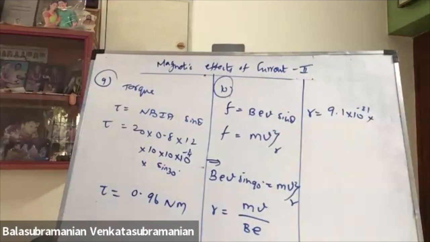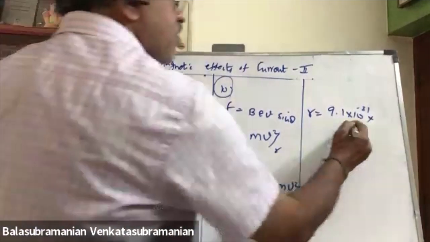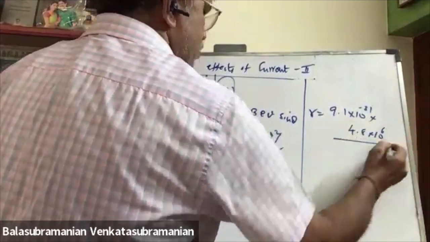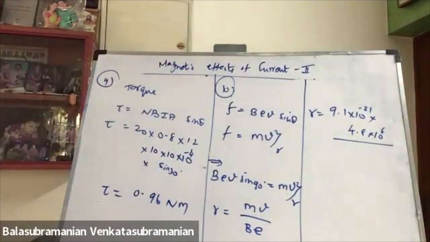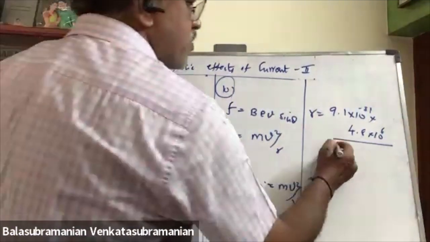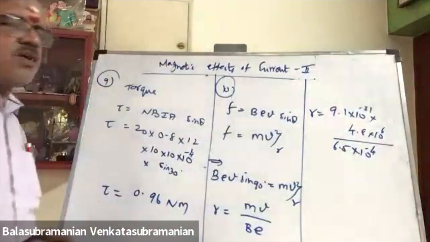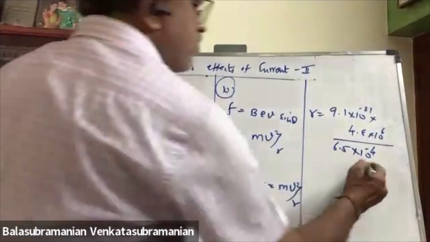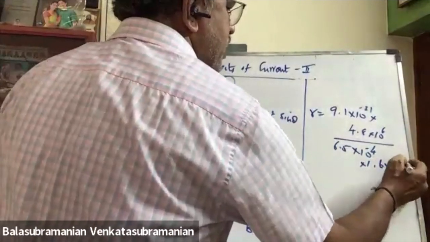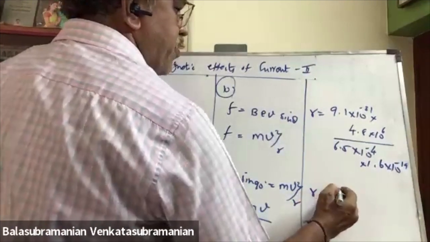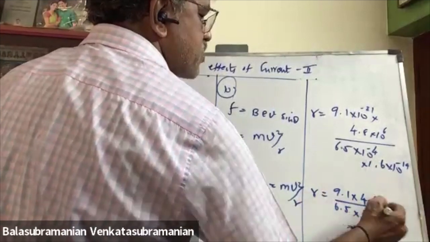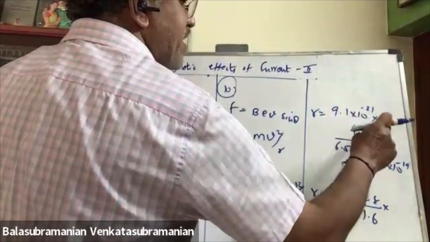Velocity 4.8 into 10 power 6, divided by magnetic induction value 6.5 Gauss, 6.5 into 10 power minus 4, because 1 Gauss is 10 power minus 4 Tesla, into charge of an electron 1.6 into 10 power minus 19. 9.1 into 4.8 divided by 6.5 into 1.6. 10 power minus 31 plus 6 is minus 25.